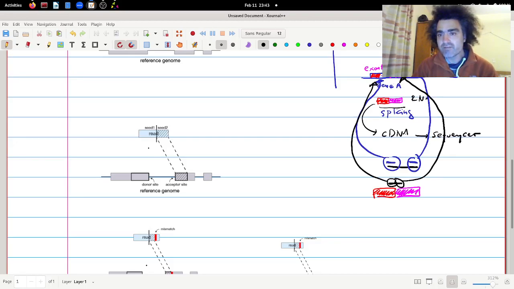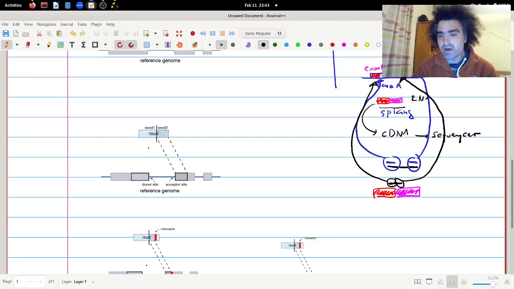However, in expression analysis, when we talk about exons, one part of the read might be mapped to one exon, and the other part of the read might be mapped to another exon, and the distance between these two exons might be quite large.